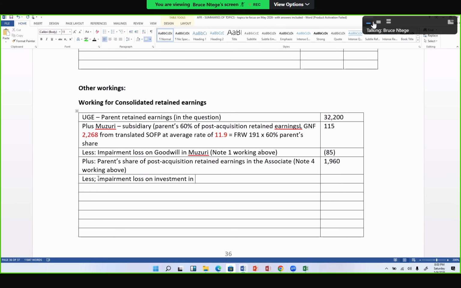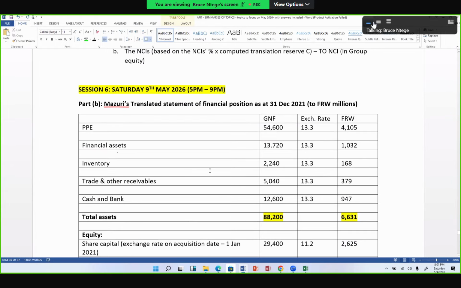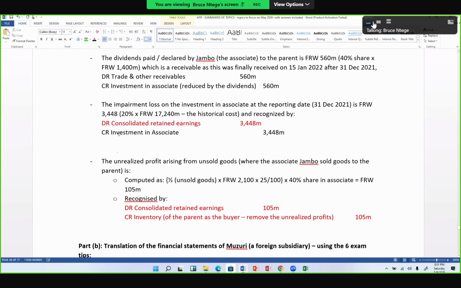I'm saying that this is based on the working in note 4. And that figure was 3448, so it's going to be minus 3448 here. Okay, so you see, I'm trying to clear out that working 4 to complete all the entries that I left hanging because I had not yet opened a working for retained earnings. So there, I'm done with that.